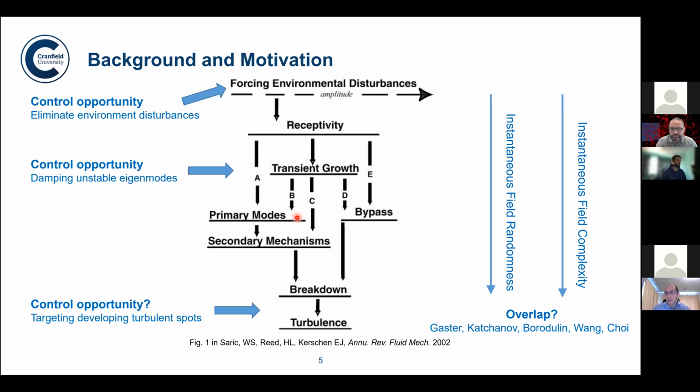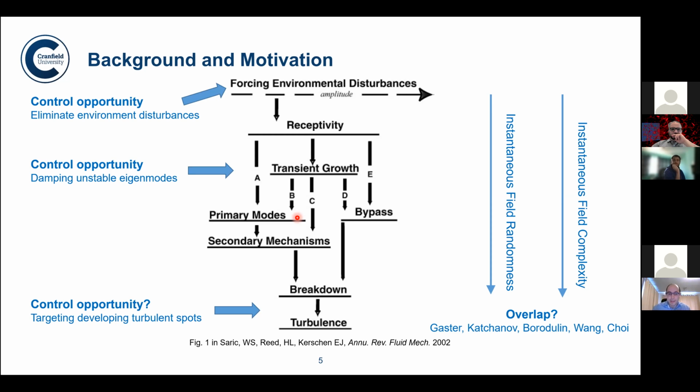The question of interest was whether it's possible to influence that point, or potentially push it a bit downstream, so that there's a region of overlap between reproducibility and turbulent flow. Some experimental evidence from Kachanov and Burudlin, and also by Gaster, and more recently by Wang and Shua, seems to suggest that might be the case under certain constructions of forcing terms that dominate the disturbance environment.